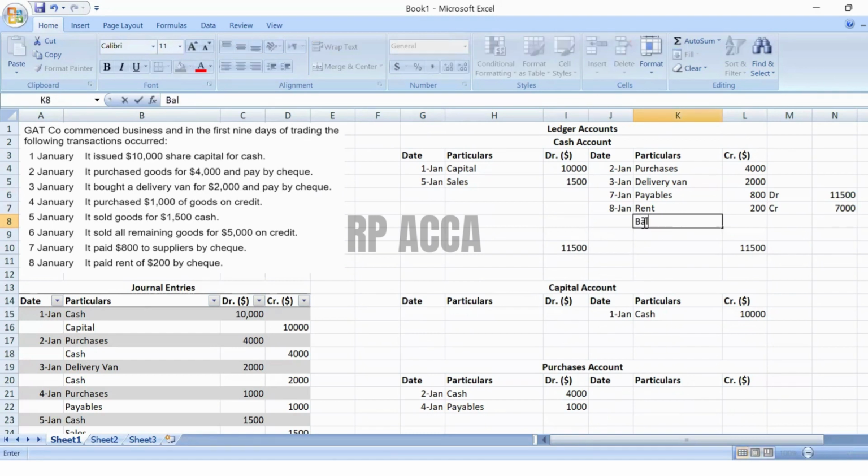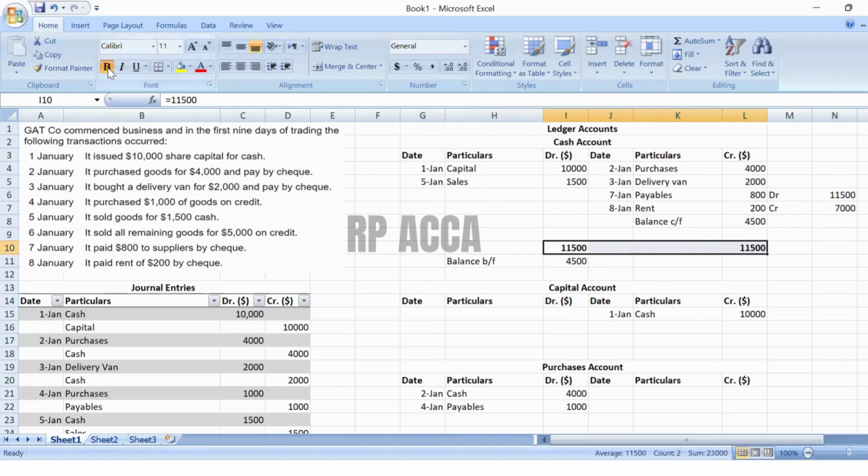Now in the side with lower balance, put a balance carried forward, and the amount is the difference between debit and credit side. Then we put the same amount as balance brought forward, and we put it on the opposite side. This shows that cash has a balance brought forward or debit balance of $4,500.